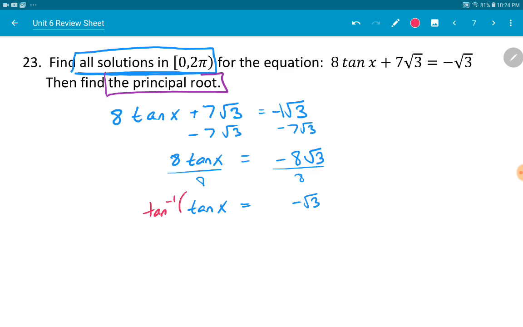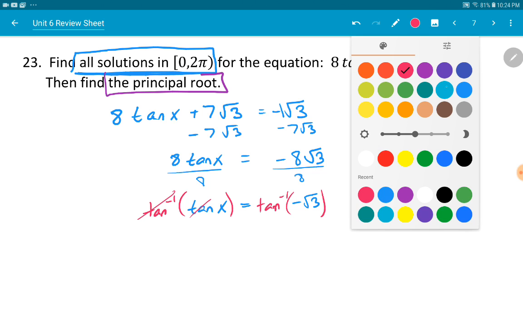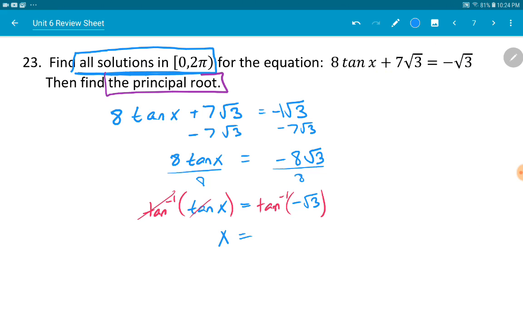So the way to get that x out is to take the inverse function. Then the tan inverse and the tan cancel, and on the left I have x. And on the right, I think, okay, on my unit circle, and remember I'm looking for the entire unit circle for our blue solution. On my whole unit circle, when is tan equal to negative radical 3?